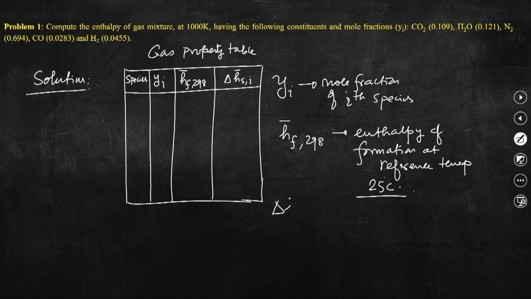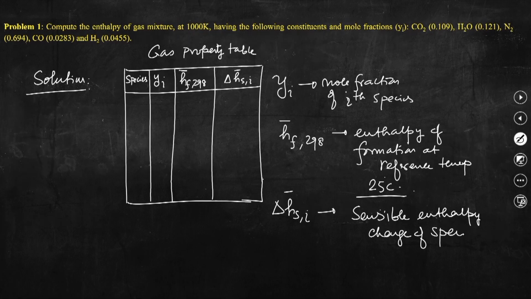And this delta H S I, again I should write bar. This is the sensible enthalpy change of species I, or ith species.